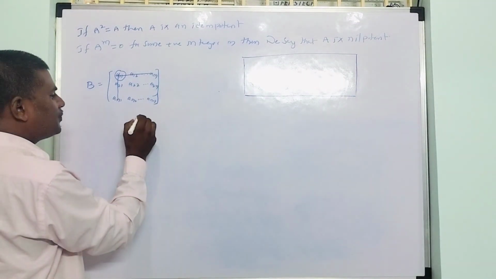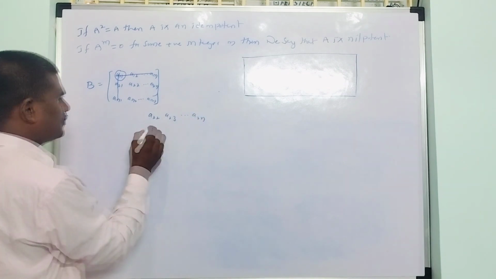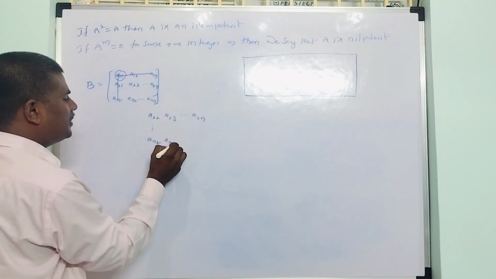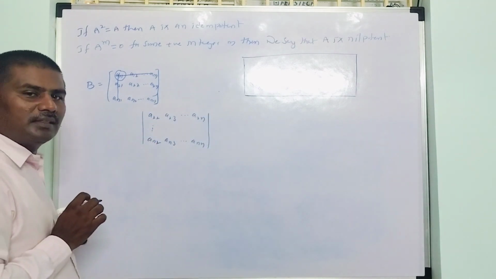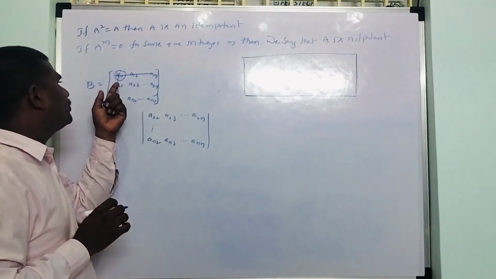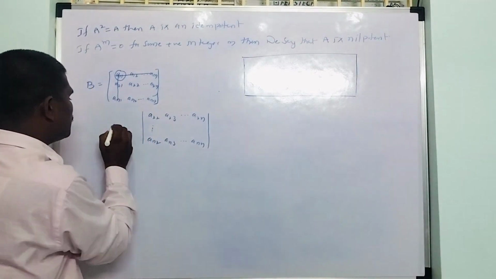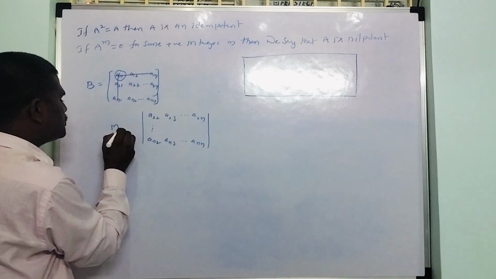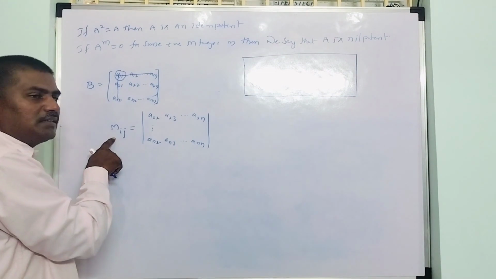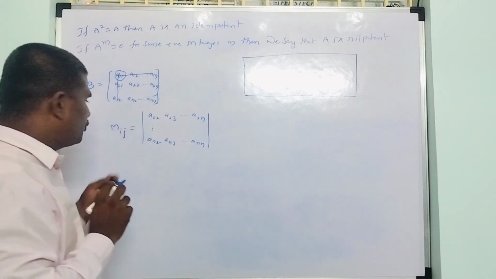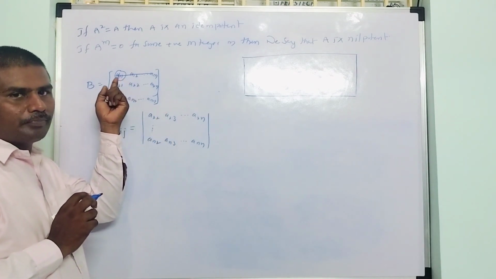That means from A22, A23 up to A2n, An2, An3, so on up to Ann. If you find the determinant of this, then this is the minor of the element A11 of the matrix B, usually represented as Mij. Since you are finding it for the first element, this is M11. M11 is the minor of the element A11.